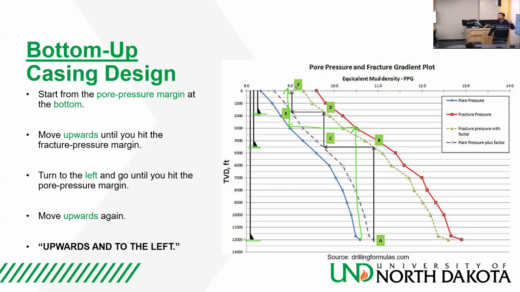I go only 15,000 feet of casing versus what was it? 12 plus 4.5, that's 16 and a half, plus 2, that's 18,300. So I saved myself 3,000 feet of casing, but I got rid of my safety margin.